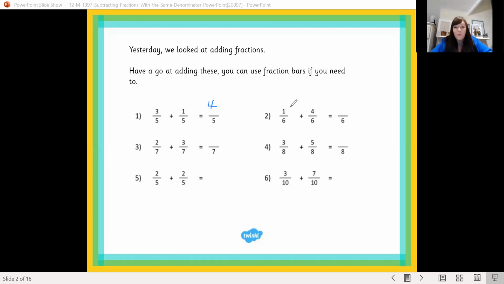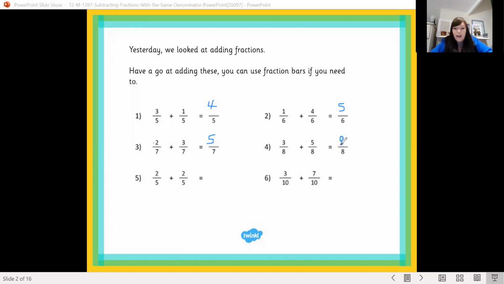Number 2, you're adding 1 and 4. So you have 5/6. Number 3, you're adding 2 and 3. So you have 5/7. Number 4, you're adding 3 add 5.